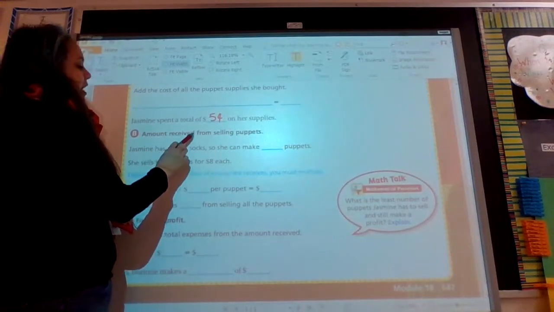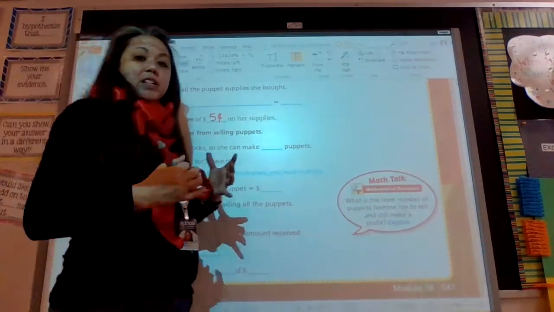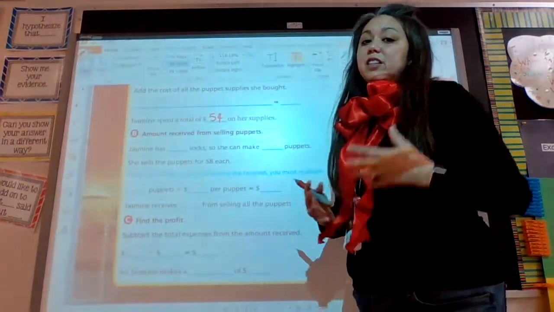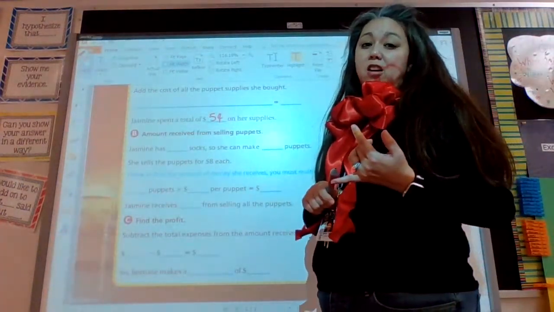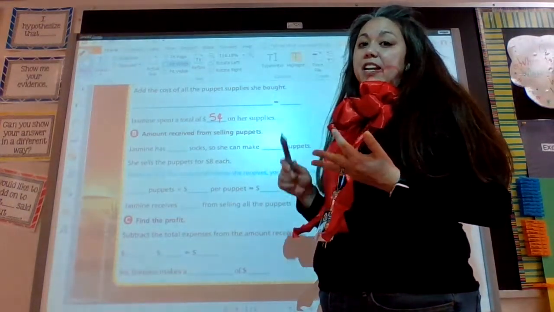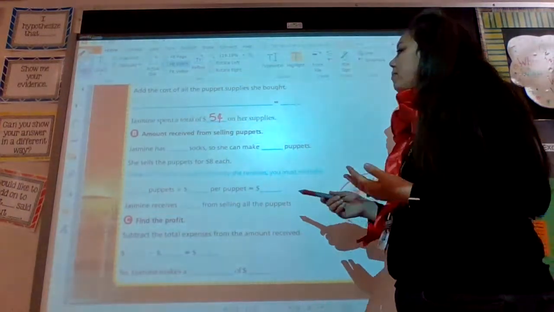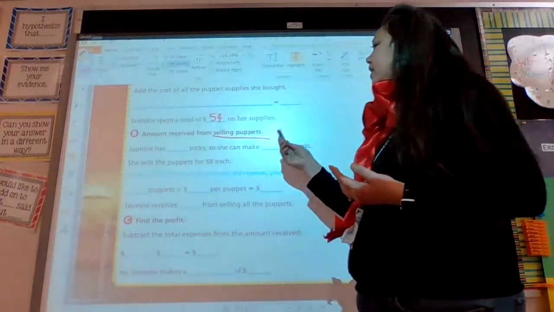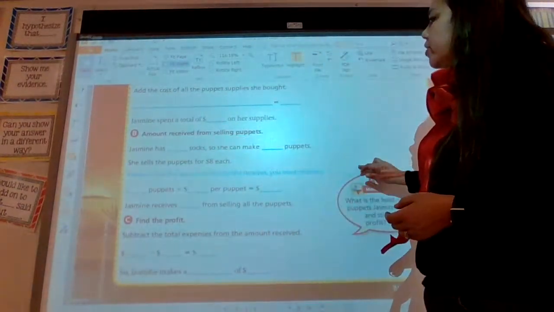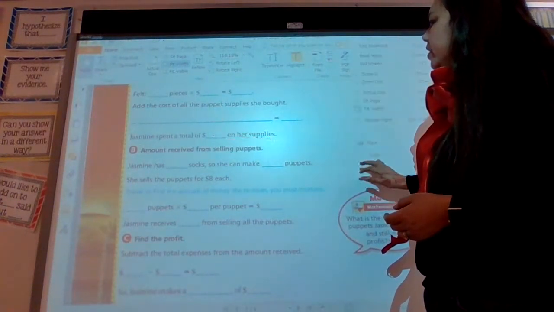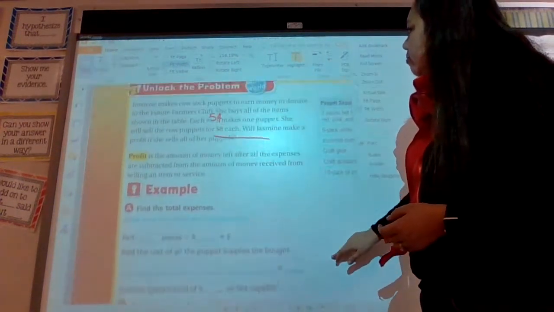The amount of money, now we're not finished yet because profit is going to be multi-step. We have to first find out how much it's going to cost to make everything. Now, how much she will receive from selling the puppets. So now we've got to look at how much she's going to see for selling the puppets. So, well, let's see what it said in her problem.